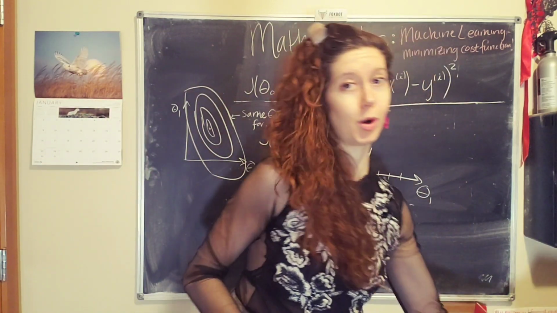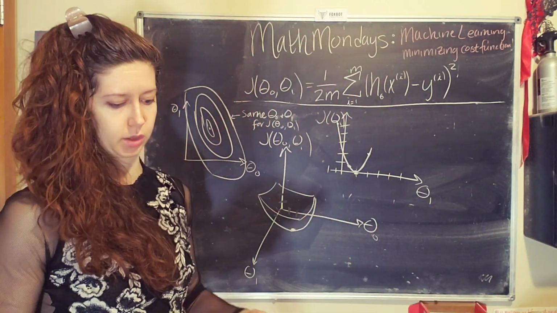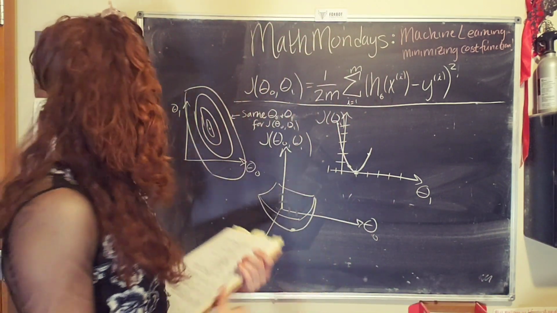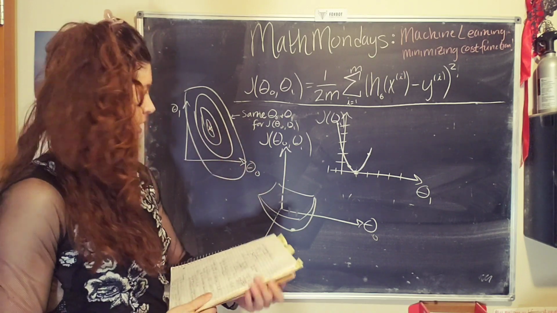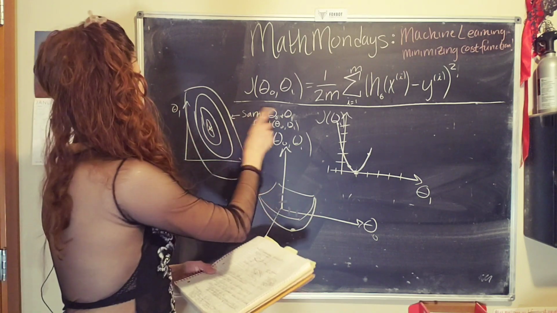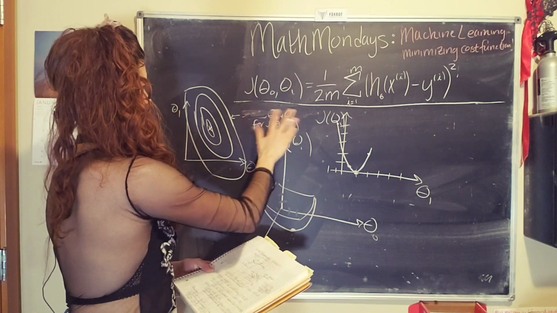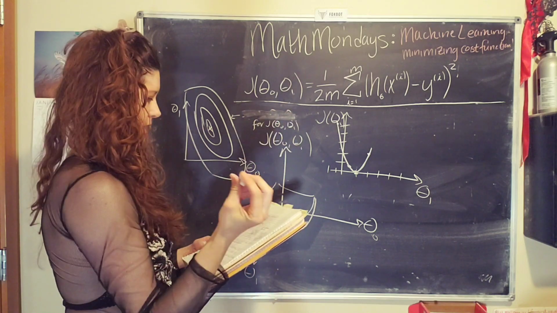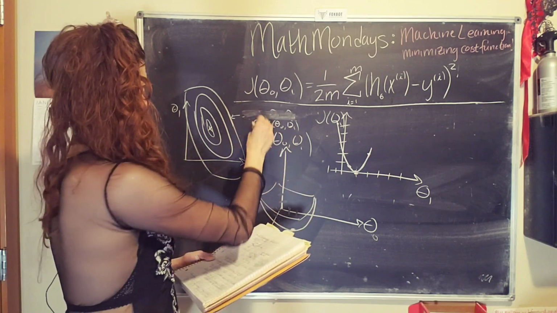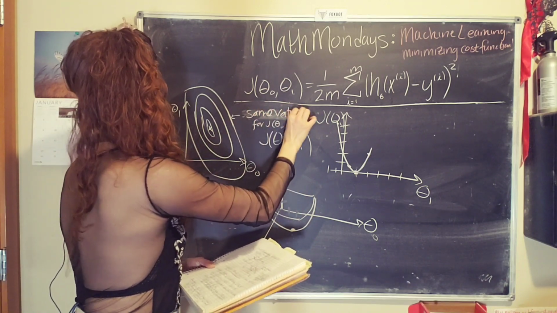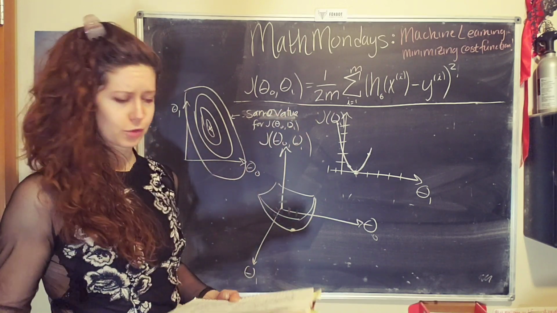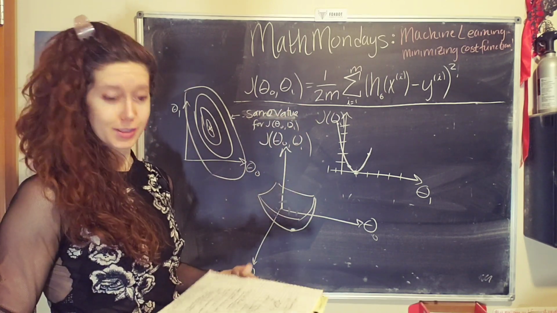So contour plots are going to pop up a lot in machine learning. But again, we really want the minimum of this contour plot. Okay. Oh, sorry, this is my bad. This is not the same theta, it's the same value for J. As I was writing that, I was like, that doesn't seem right because theta 0 and theta 1 are changing. Okay, trust your instincts.